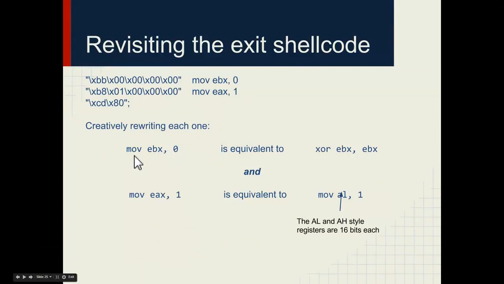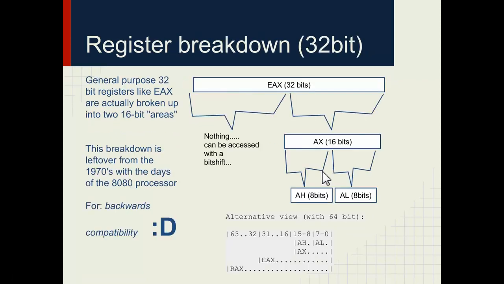So the way we rewrite these is, instead of moving 0 into EBX, we XOR EBX, EBX. And then instead of moving 1 into EAX, we can move 1 into the AL register. And to recap, the AL register is the lower 8 bits of the EAX or RAX register, and this is left over from the very, very old days for backwards compatibility.